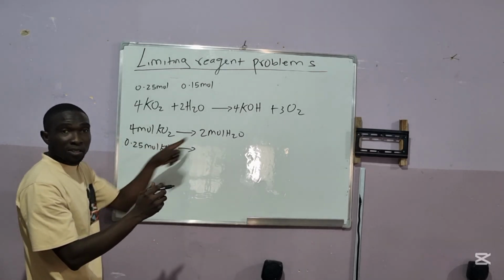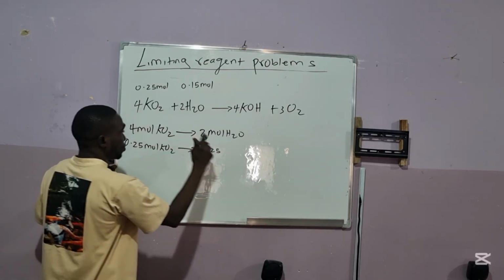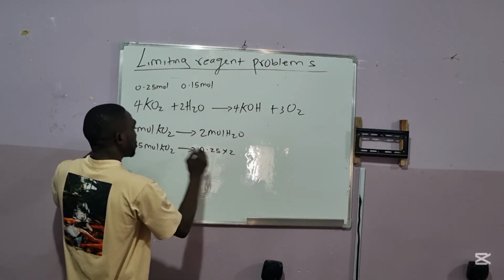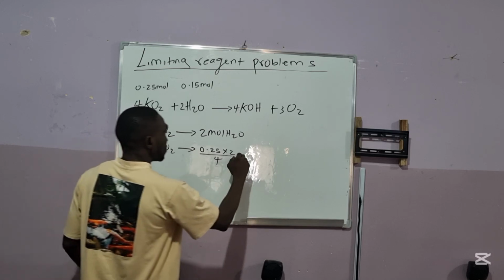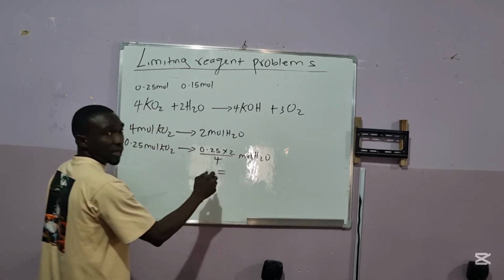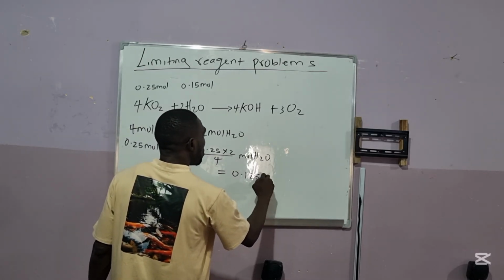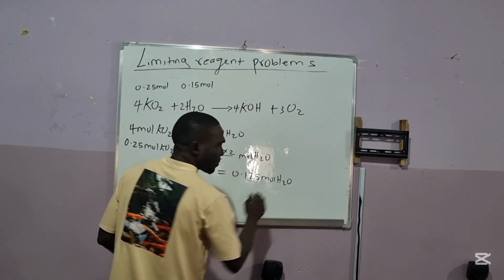I'm going to cross multiply, right? So I have 0.25 multiplied by 2, divided by 4, moles of water. What will be the answer here? 0.125 mole of water. That makes a lot of sense to me.